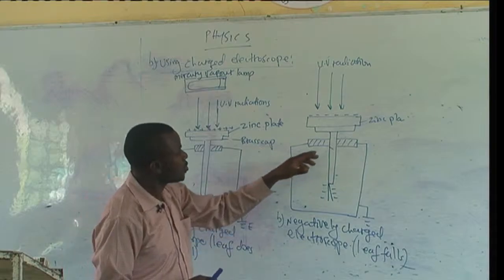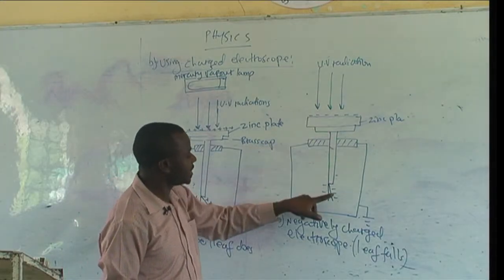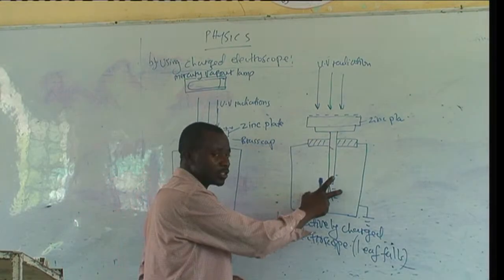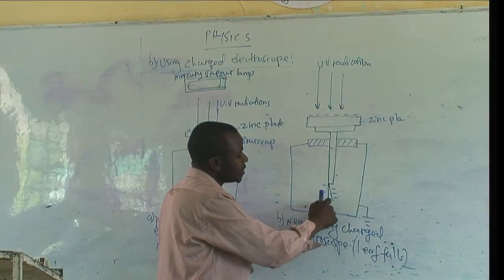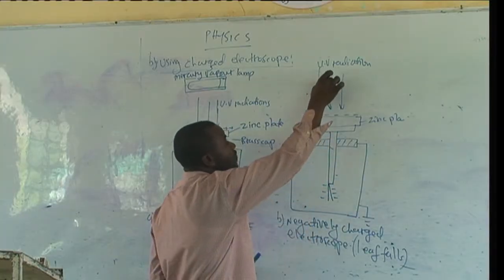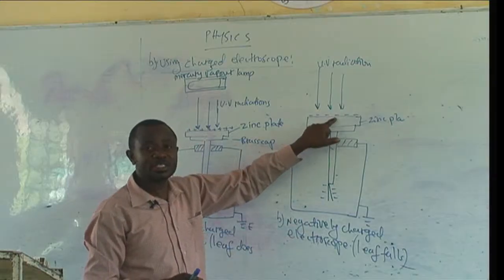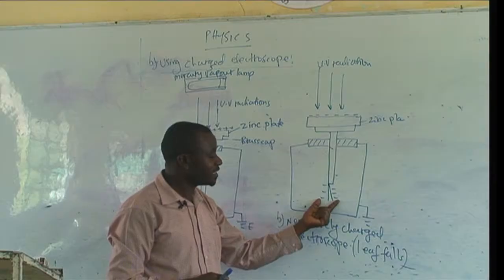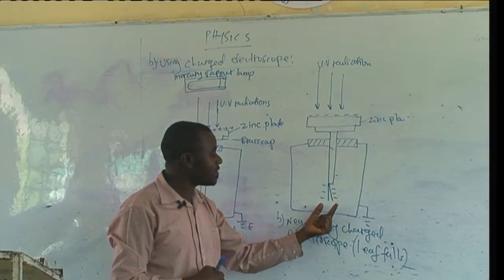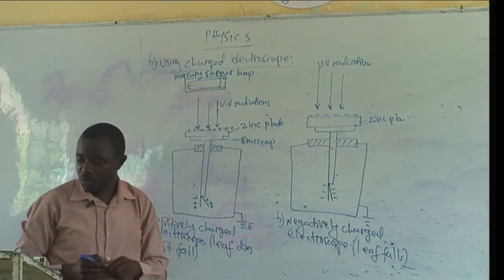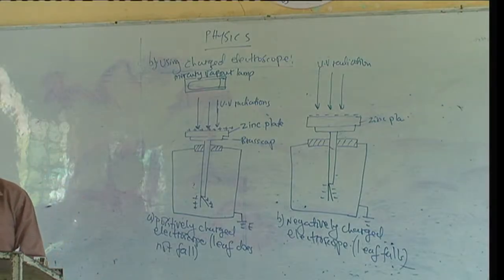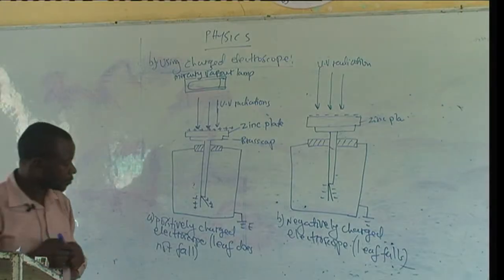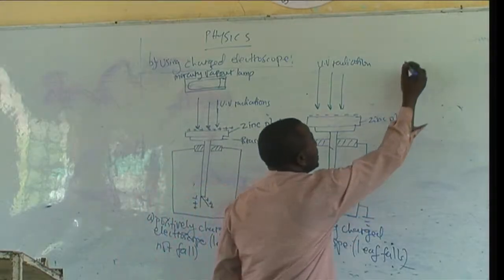But when we are using a negatively charged electroscope, initially there was leaf divergence, but when UV radiation falls on the zinc plate, the leaf divergence is going to decrease, and I want to know the reason why it happens like that.